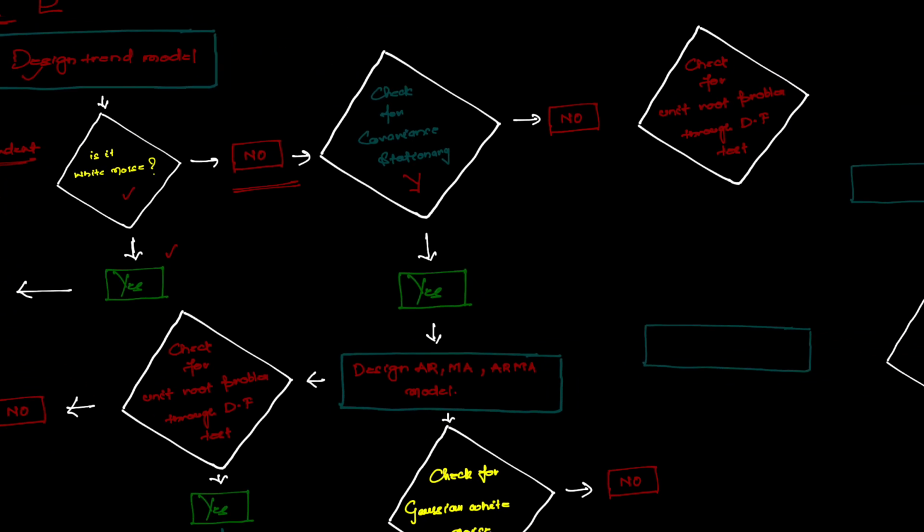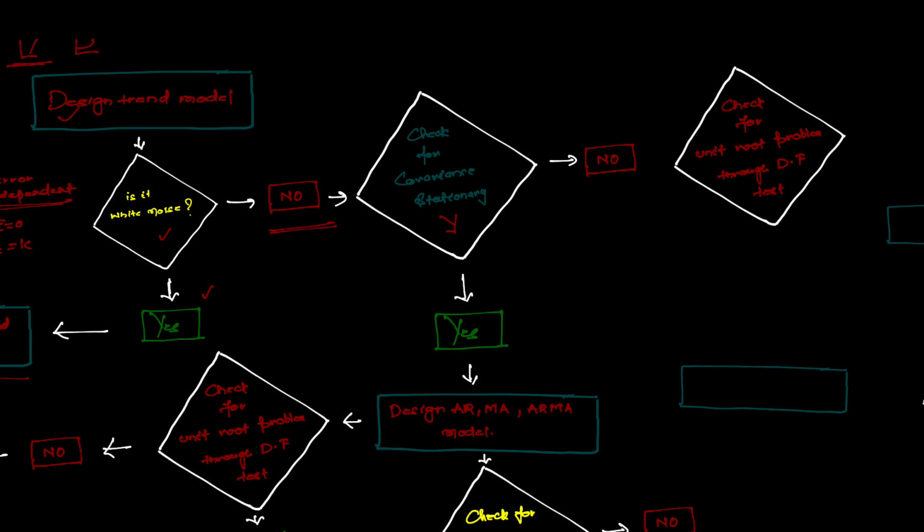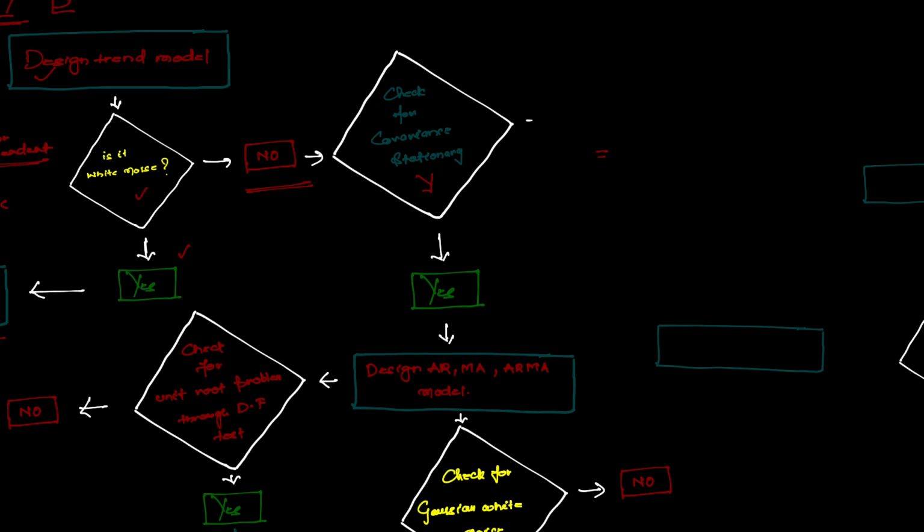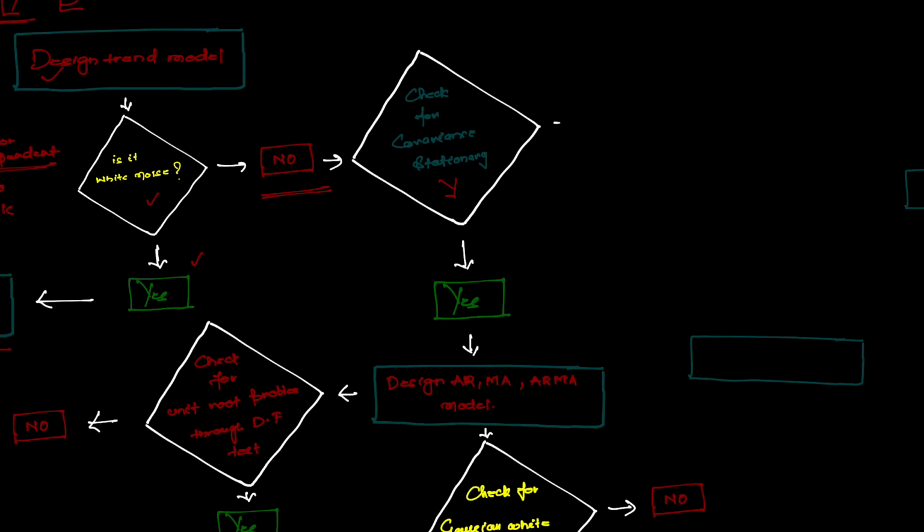Okay. First, let's talk about what is the flow. Check for the covariance stationary. No, it's not covariance stationary. Then let's forget this section because that section is not correct. No, it's not covariance stationary.